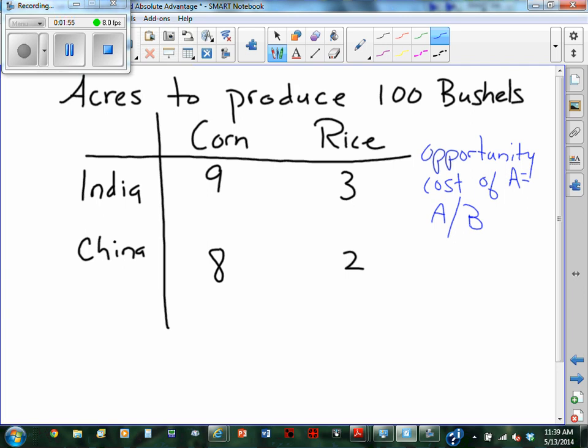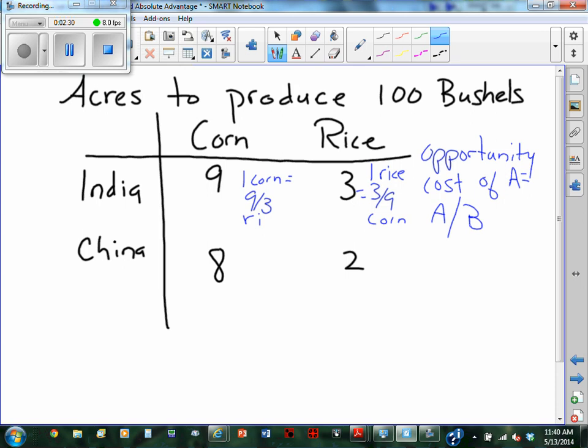So here for India, for every bushel of corn that India produces, India is going to need to give up 9 corn to 3 rice, so 9/3. So 1 corn costs India 9/3 of a bushel of rice. And it's going to be the reciprocal for the rice. So 1 rice for India equals 3/9 corn.